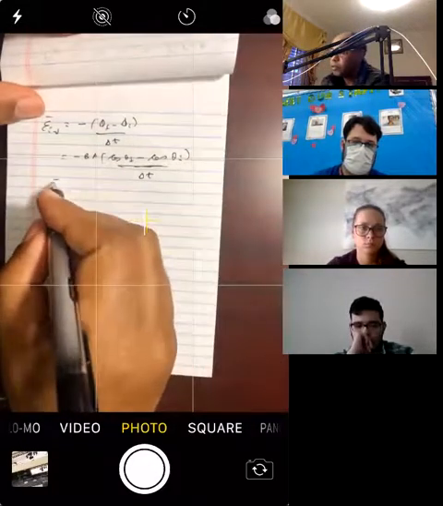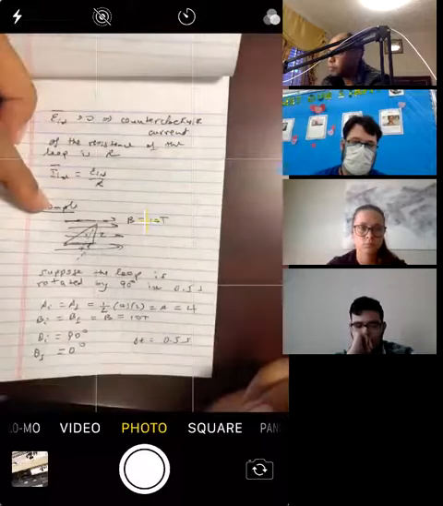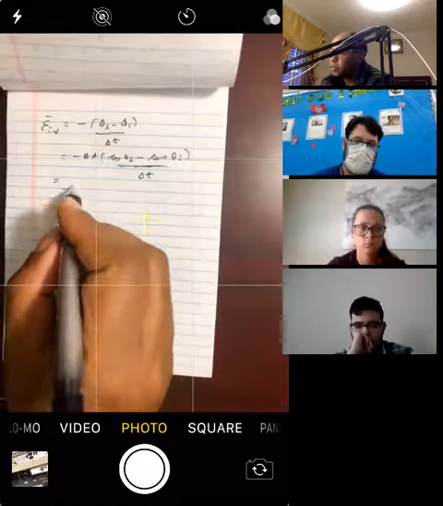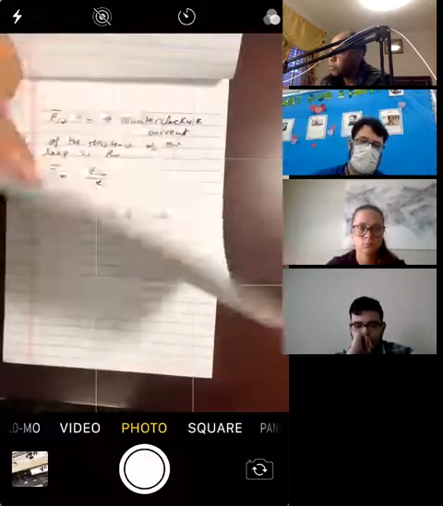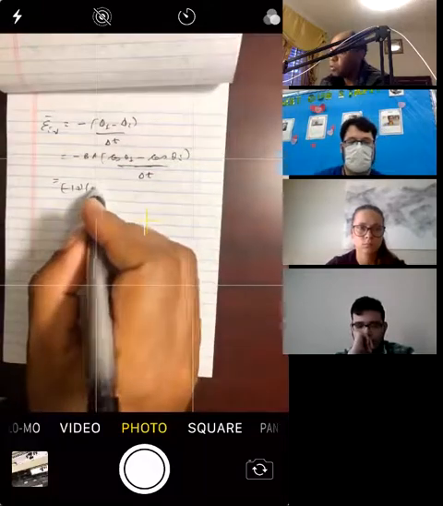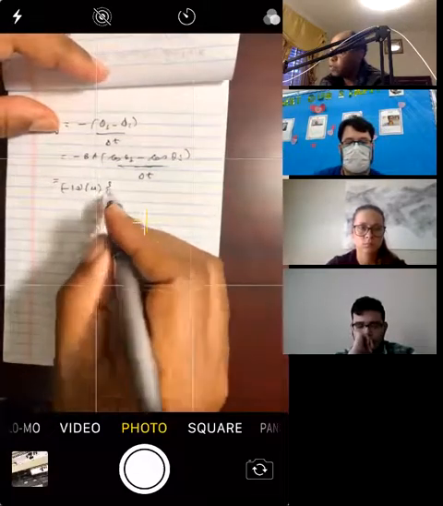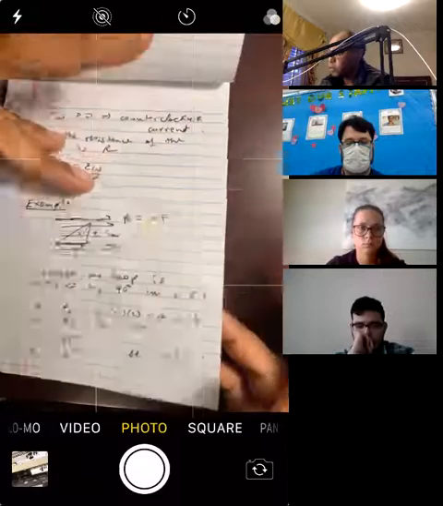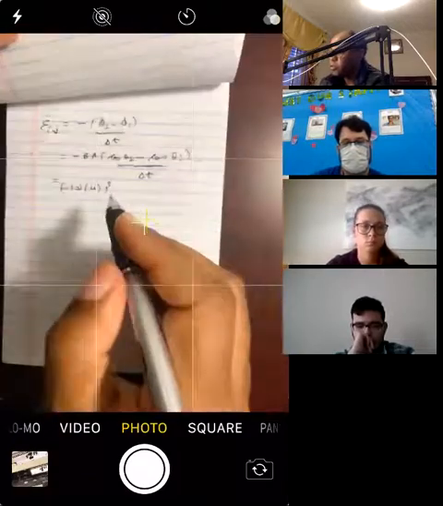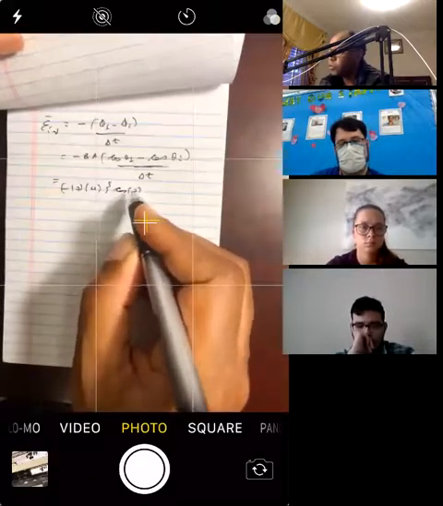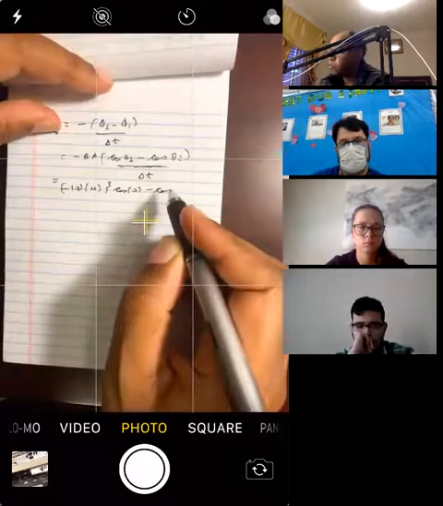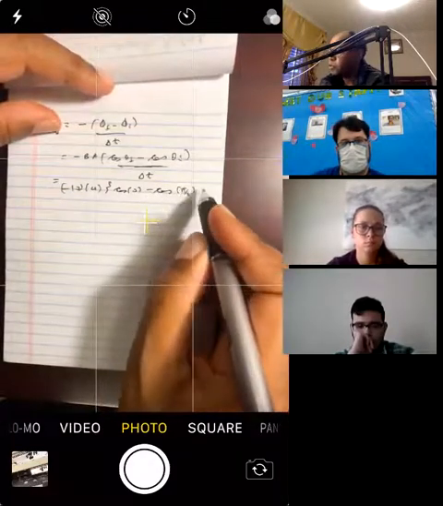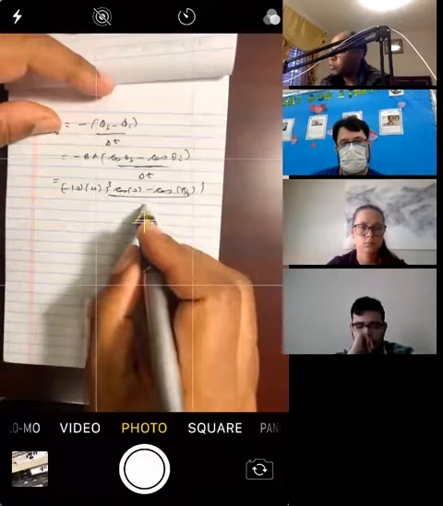The magnetic field is 10 Tesla, so we've got negative 10. The area is 4. And then we have cosine theta final, theta final is 0. So you've got cosine of 0 minus cosine of pi over 2, divided by 0.5.